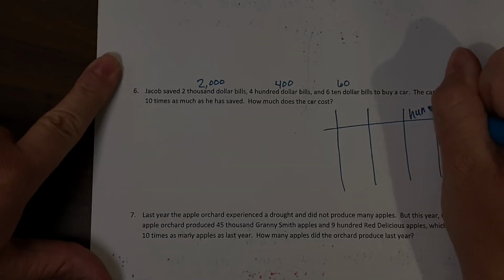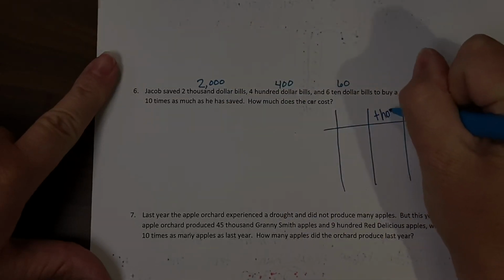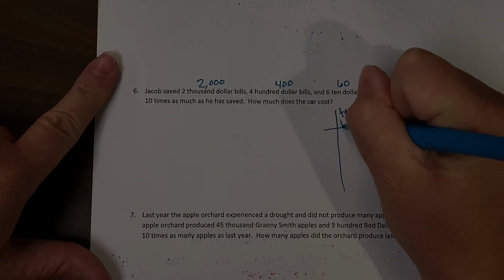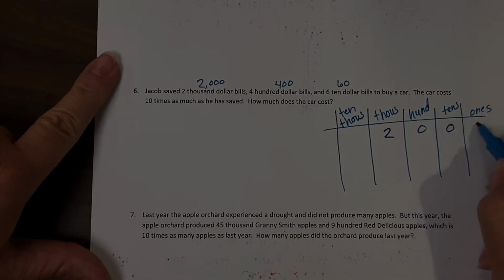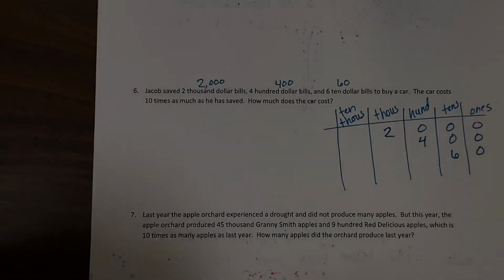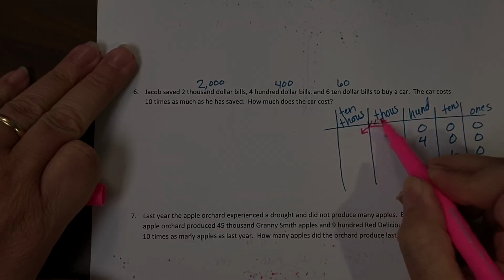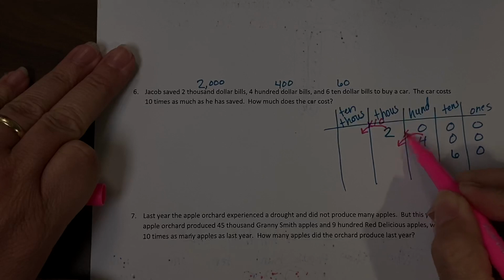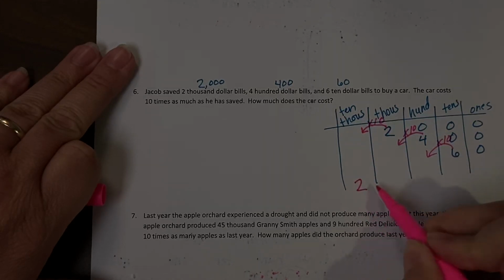If you want to go this way, we only need to go to thousands, but I'm going to go up to 10,000s because when I multiply by 10, you've got the 2,000 here, you've got the 400, you've got the 60, and I know when I multiply by 10, like how we started, this number will move up to the next place value, and then my 0 would also fill in.